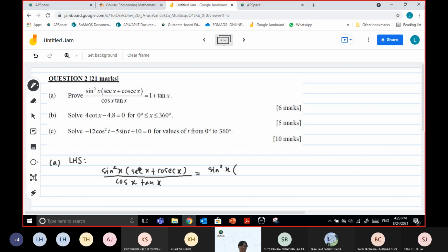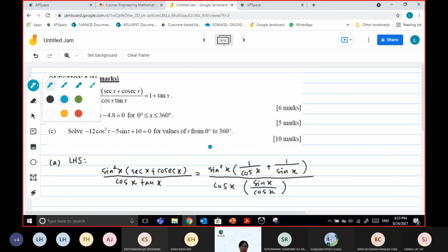Say we substitute all the ratios. So secant x is 1 over cos x. Cosecant is 1 over sine. At the bottom, we have cos x. Then tangent is sine per cos. So I think we can cancel this one.